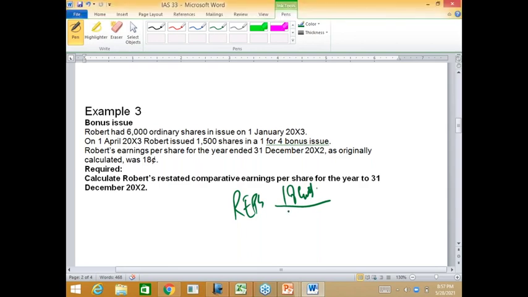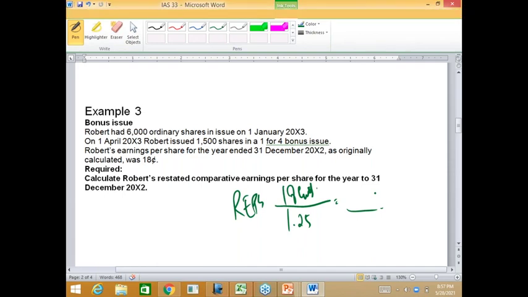So the previous year's EPS should be divided by the bonus adjustment factor in order to calculate the comparable EPS. So 18 divided by 1.25 will be 14.4. Is it clear? Wonderful.